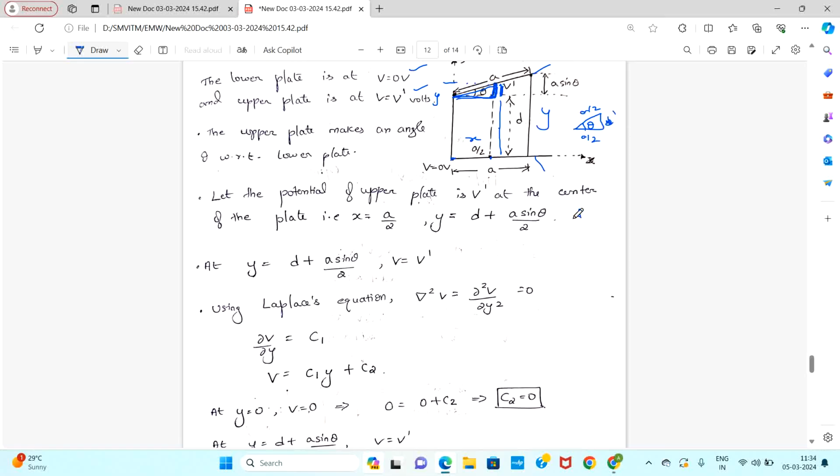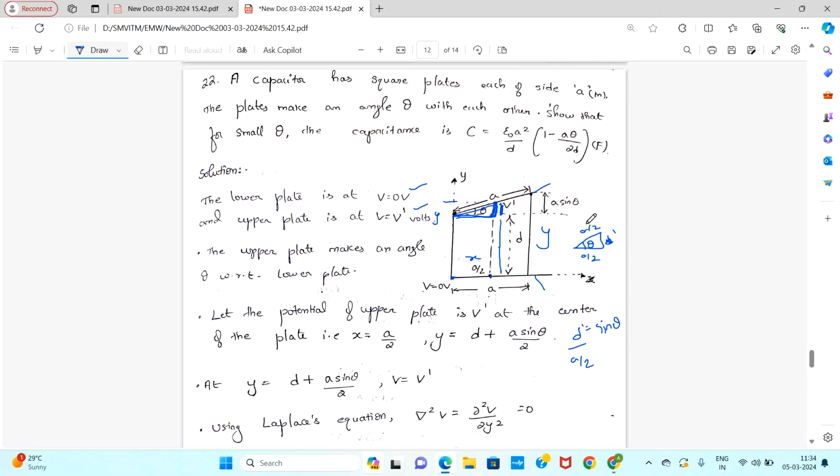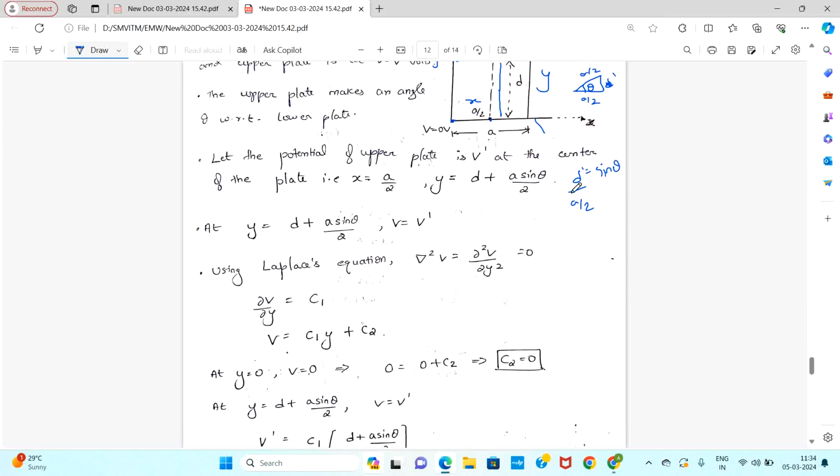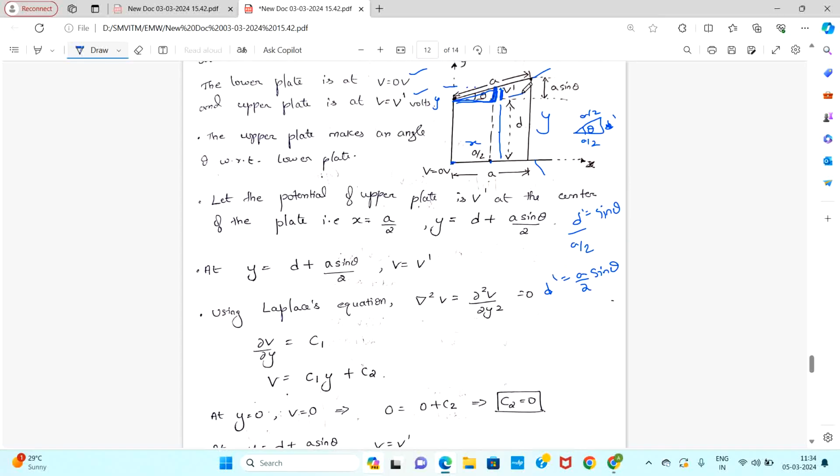So d dash, if I take opposite by hypotenuse, d dash by a by 2 is sine theta. I'll tell you later why I'm taking sine theta, because I need this theta value here, right? So d dash is going to be a by 2 sine theta. So the length of this portion is going to be a by 2 sine theta.